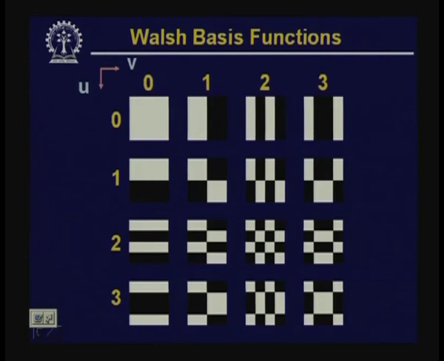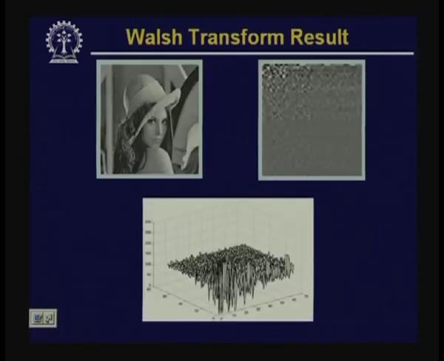Here the basis images are given for a 4 by 4 2D Walsh transformation, and if I apply this Walsh transformation on the same image, say Lena, you find that this is the kind of result that we get. Here again you find the property of these transformations, that is, the coefficients near 0 have the maximum energy, and as you go away from the origin in the UV plane, the energy of the coefficients reduces.